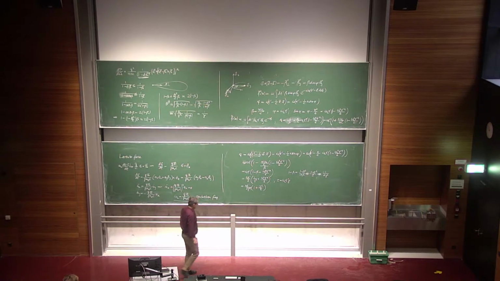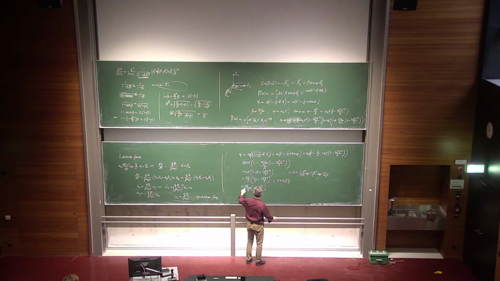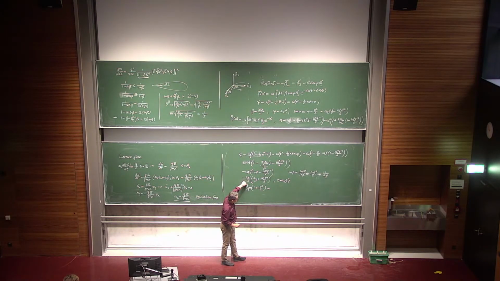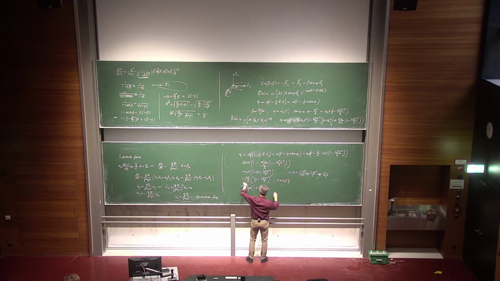All right. And here I'm also inserting now t prime equals tau divided by omega L gamma. So this is omega times tau divided by 2 times omega L gamma cubed, 1 plus tau squared over 3.